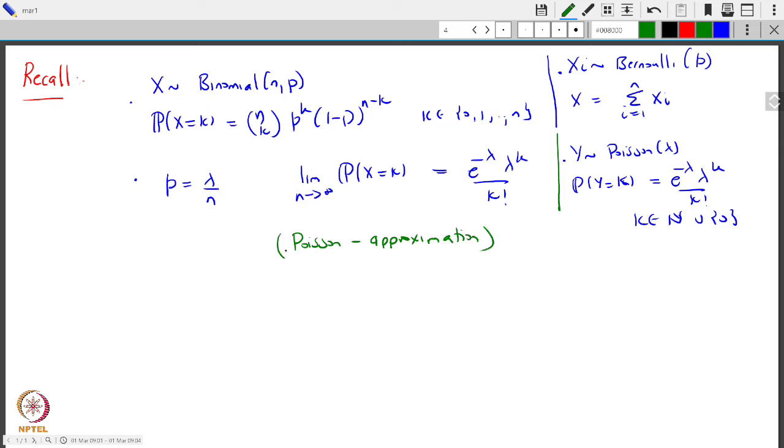And I had motivated this idea by saying that typically this is hard to calculate. So for large n, and let's say you take k of the order of, for example, square root of n, this is hard to calculate computationally because you have all these factorials.